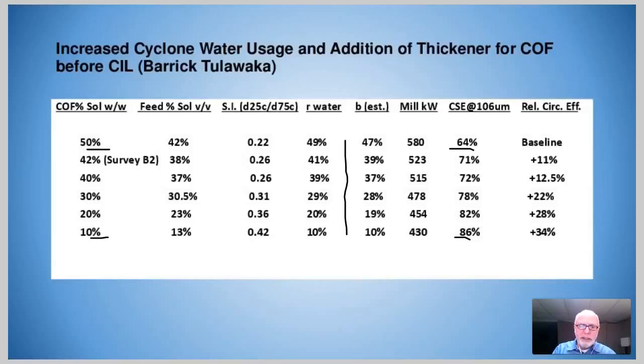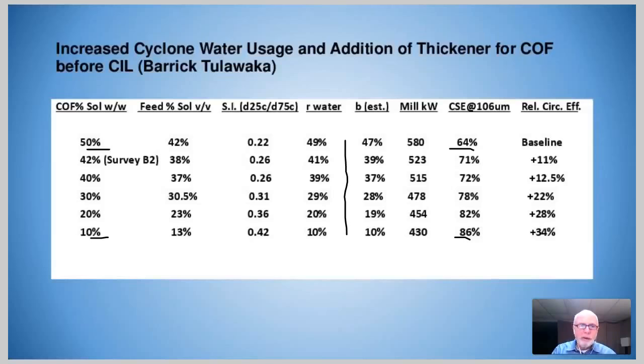In the optimized case of 10% solids in the cyclone overflow, we're now only wasting 14% of our energy. 14% of the required 430 kilowatts is 60 kilowatts. So what we've done by capturing and using the energy more effectively, we've also reduced overgrinding substantially from 210 kilowatts down to 60 kilowatts.